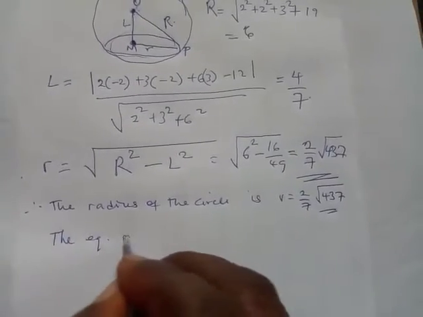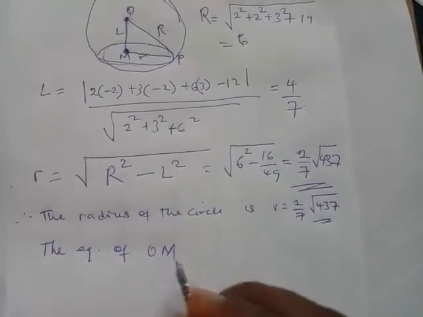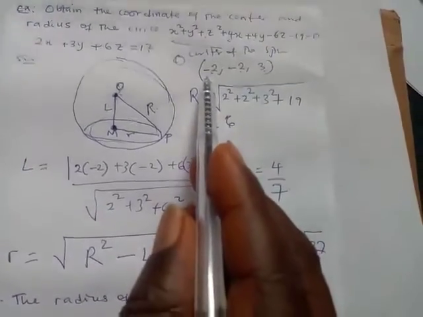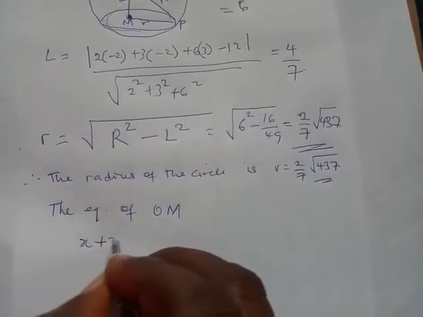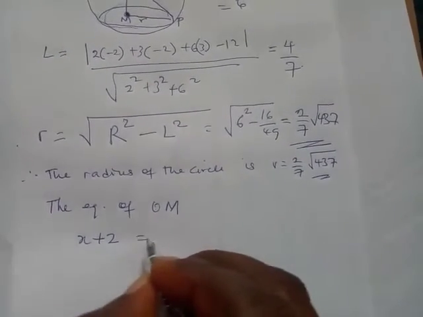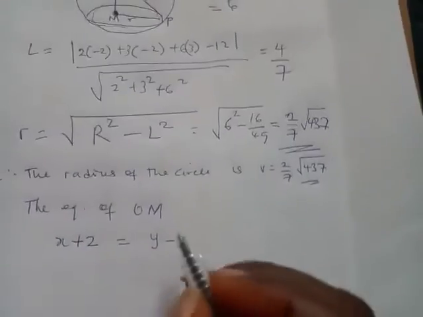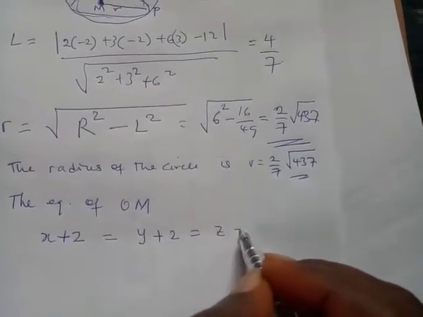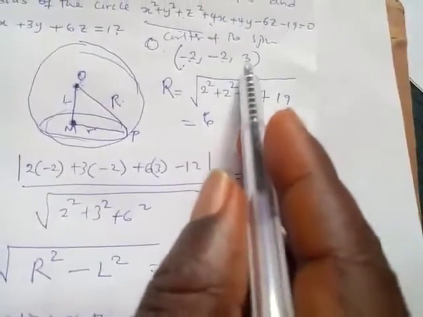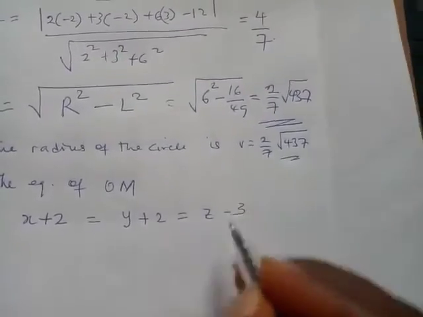So in that case, the equation of OM will just be x minus, it passes through this, so that will be plus 2, equal to y minus, this is plus 2 again, equal to z minus, but this one is 3 this time around.